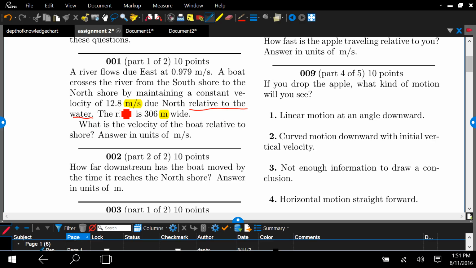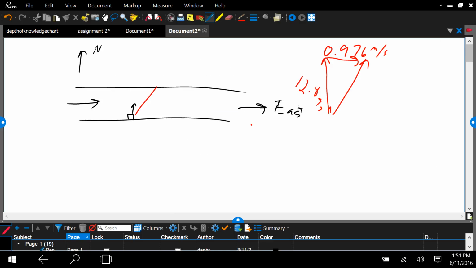That means compared to the water, it's going at 12.8, but the water itself is moving, the surface it's on is moving. And so as a result, if you stand on the shore and you watch it, then you actually see it go at this speed. And I'm going to call this c. C here not meaning speed of light, but more like Pythagorean theorem, a squared plus b squared equals c squared.